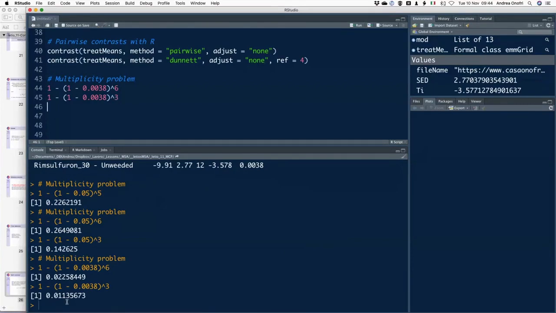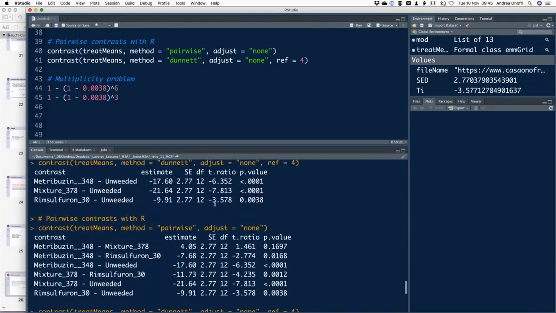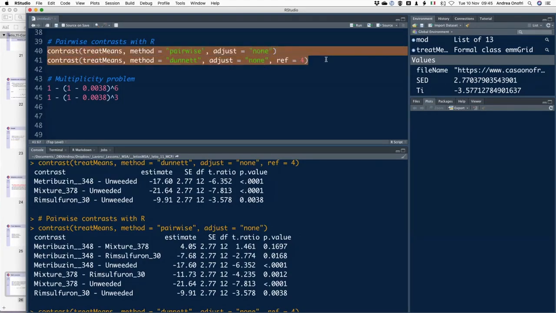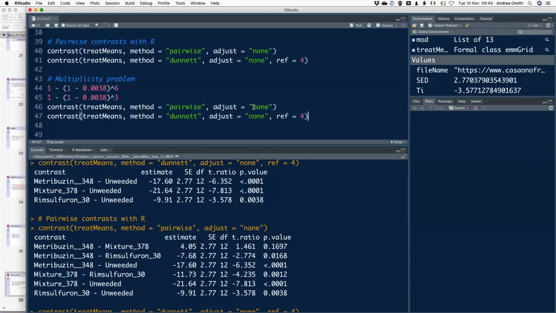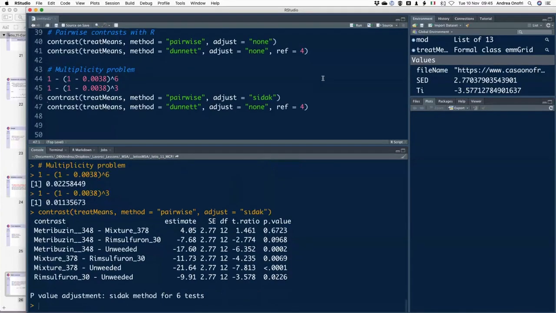So you see that the p-level is changing less in this case. So if we want to do this, we simply use the same code here, and instead of writing adjust equal none, we write adjust equal sidak. And we get the adjustment here and also here.